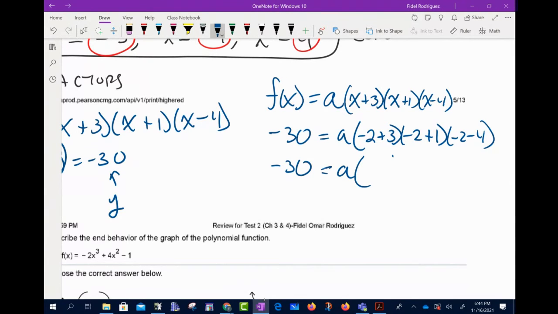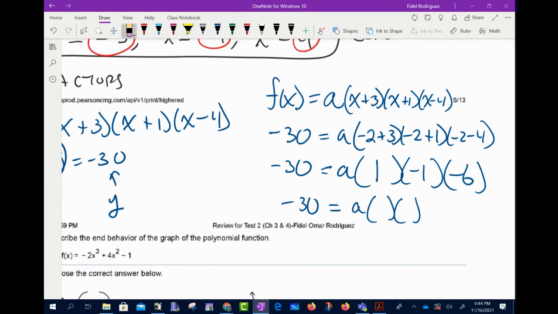So let's go slowly. -30 equals a. Let's see. -2 plus 3 is 1. -2 plus 1 is -1. And -2 minus 4 is -6. So -30 equals a. Actually, we'll do it like this.